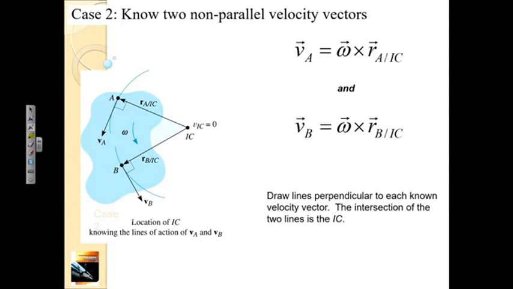Now, you know the left-hand side of these, but from this information you can get omega AB. So, in the event that it's very easy to locate the instantaneous center position, this can be somewhat useful in finding your angular velocity of the body.